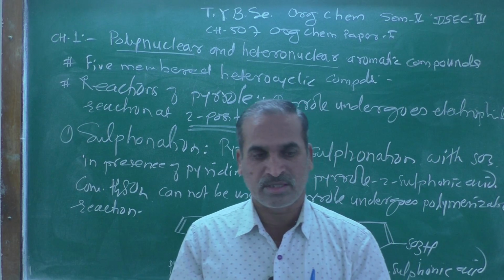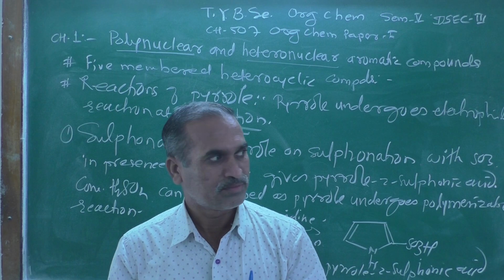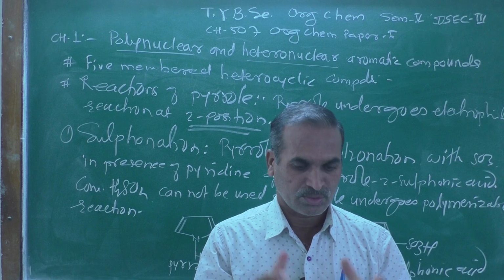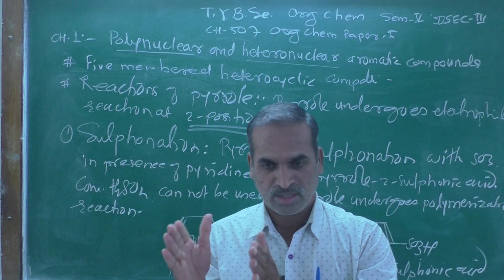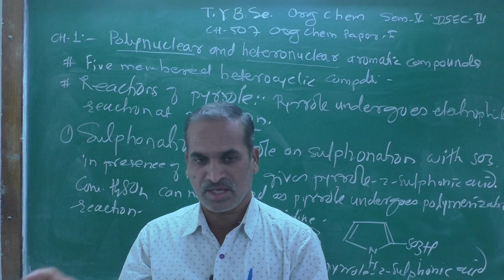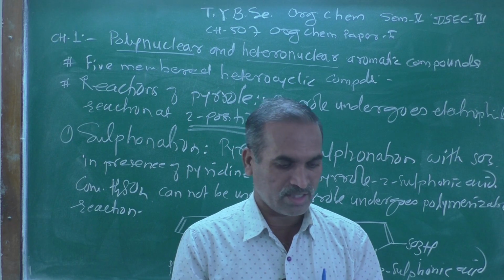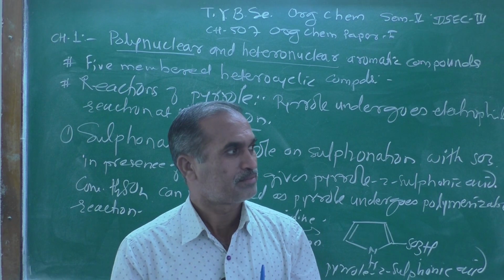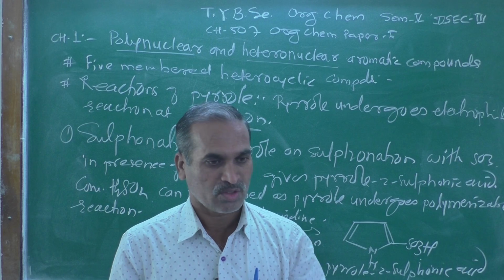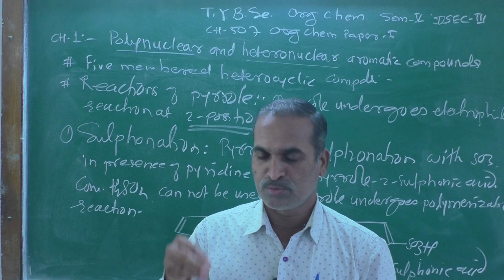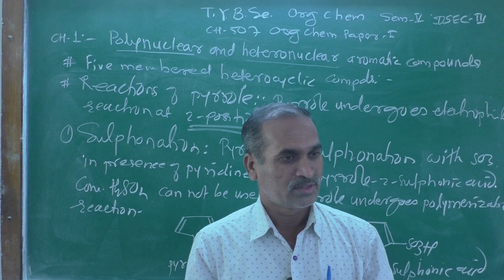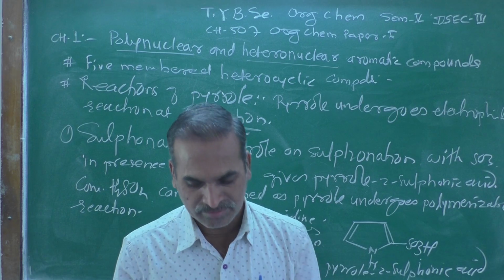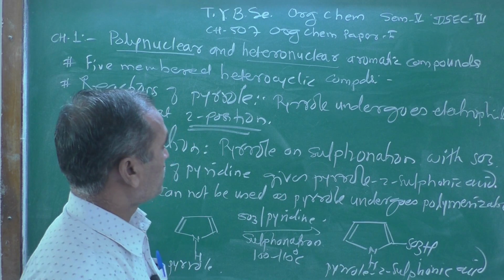Who synthesized this compound in the laboratory first, what starting material he had taken, what catalyst was used for the synthesis of pyrrole, and after that what are the common reactions shown by pyrrole. That kind of discussion we had yesterday.